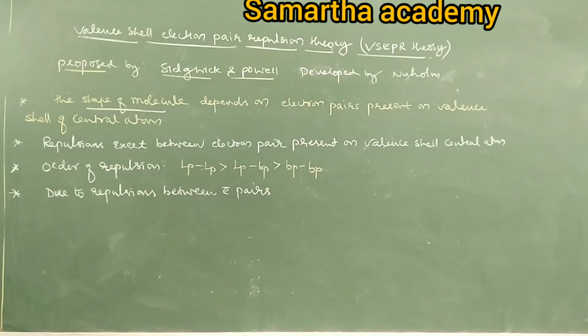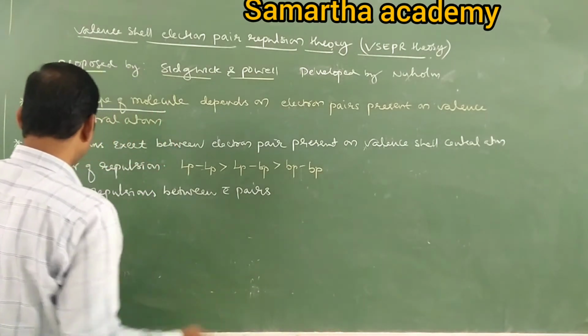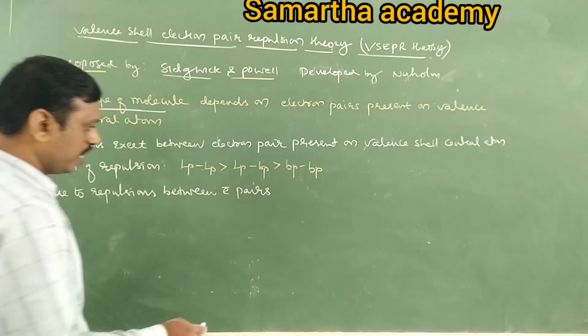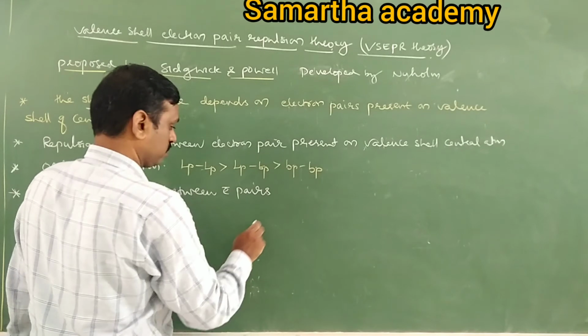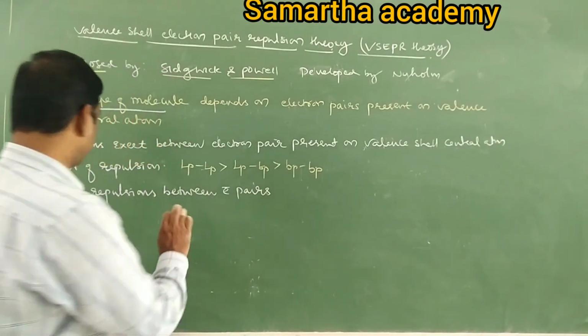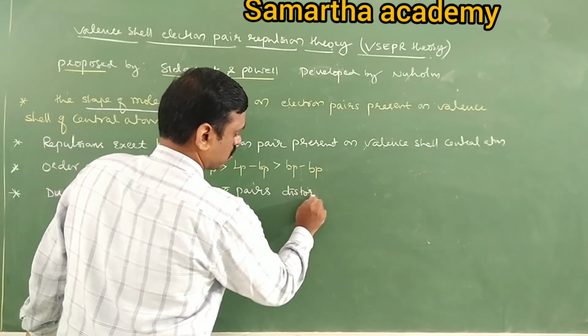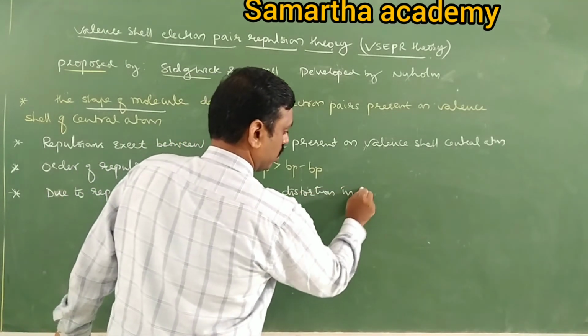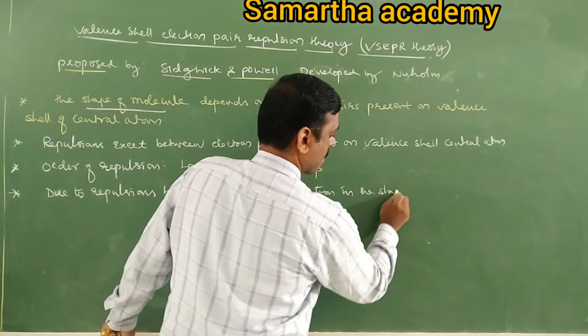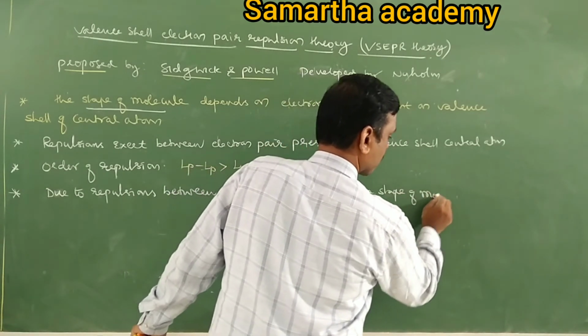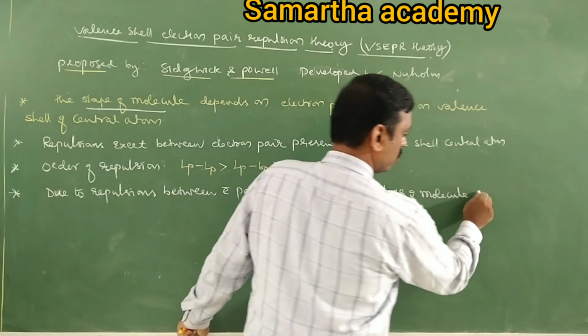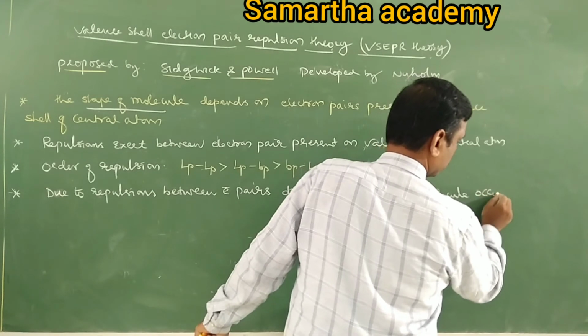Distortion in the shape of the molecule takes place. Distortion means change. Due to repulsion between electron pairs, distortion in the shape of the molecule occurs.